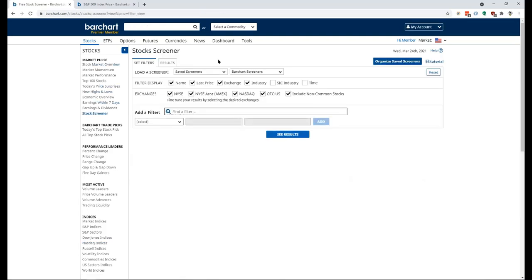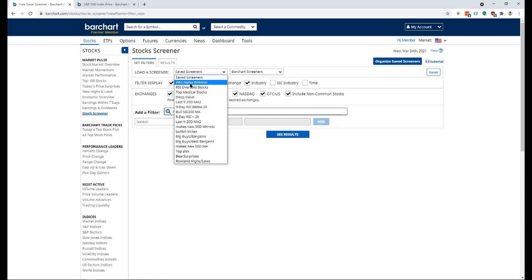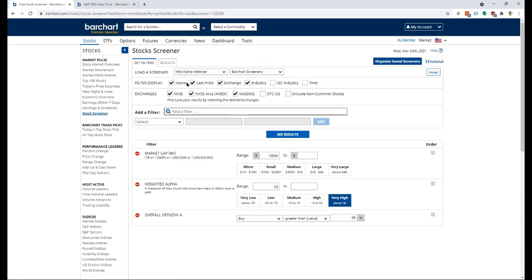Now again, I have preloaded on my account your 3 different criteria. Let's go ahead and click on, again, a high market cap, high weighted alpha, and the highest opinion. I do want to also point out, you had mentioned to me that you only look at the major exchanges.